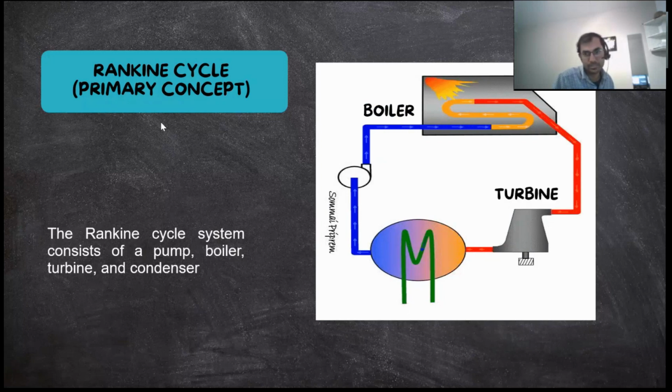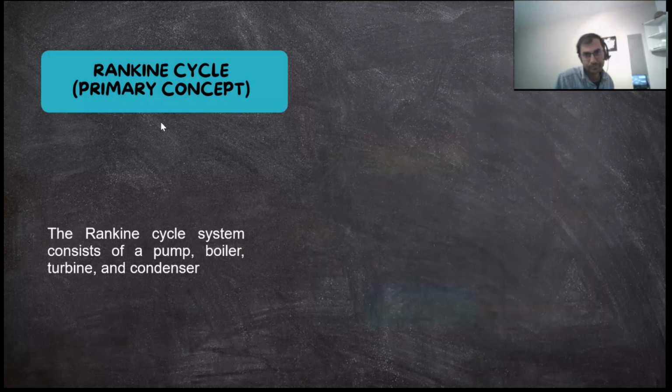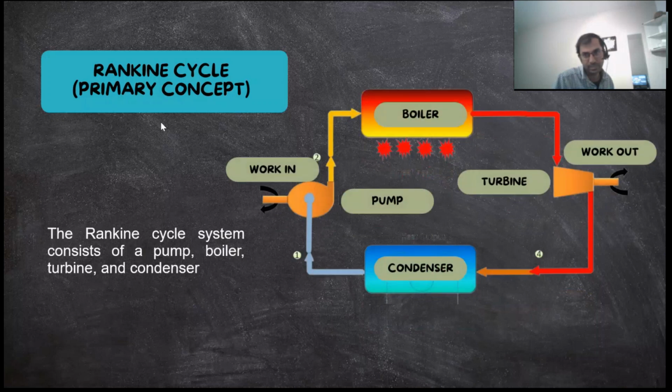Here expansion happens, we get some work output, and then it goes to the condenser for heat rejection. And here's the pump where we put in our work, and the cycle goes on. So work comes out from the turbine and work goes in at the pump, and the cycle continues.